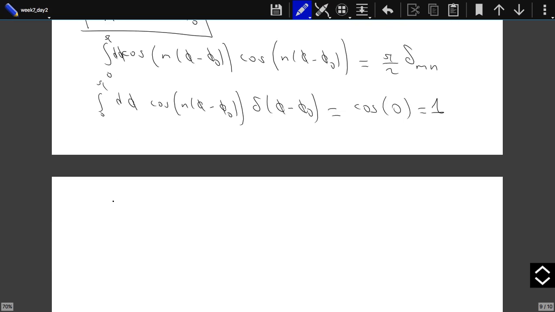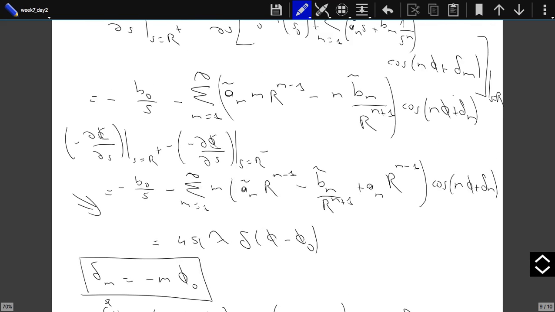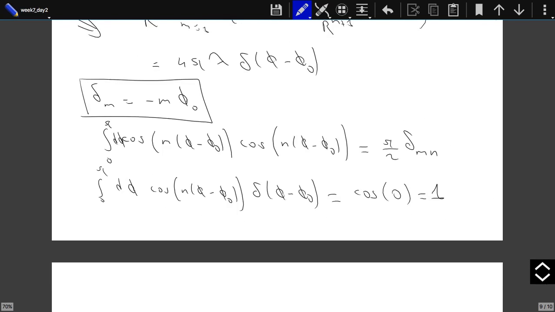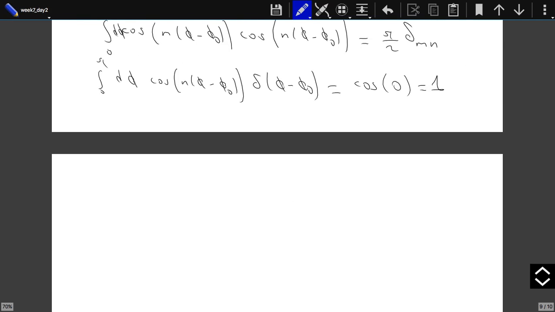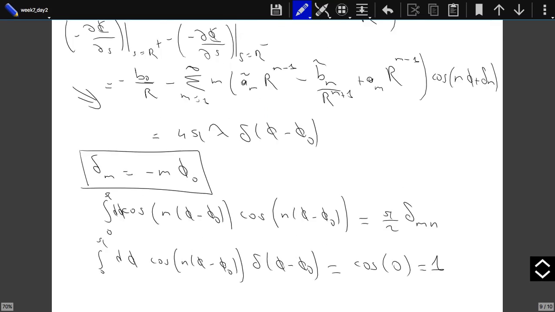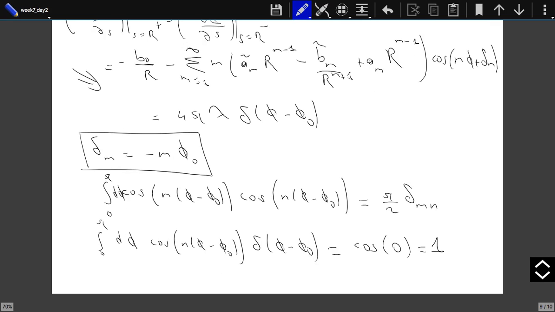Okay, this is not s, this is r. So let's look at the m equals 0 term, minus b0 over r. Let's just integrate, without multiplying by anything, phi from 0 to pi. Phi 0 is within that interval.